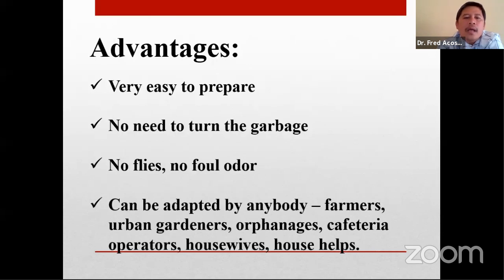This technology can be adopted by anybody, even small scale farmers, backyard farmers, even large scale farmers, urban gardeners, orphanages, cafeteria operators, schools, housewives, house helps, everybody.